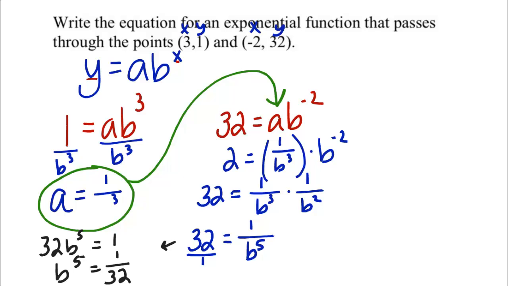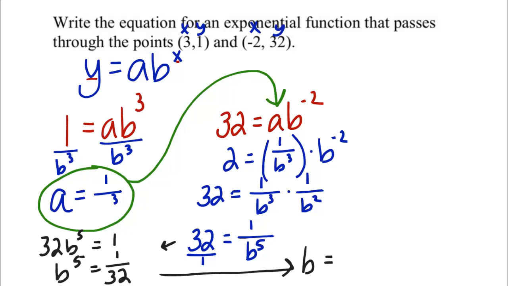How could I solve for b? Well, I could take the 5th root of each side of the equation, but I actually don't even really need my calculator for this. I want to think about what number raised to the 5th power gives us 1 over 32. And that number 32 is a big clue because I know that 32 is 2 to the 5th power.